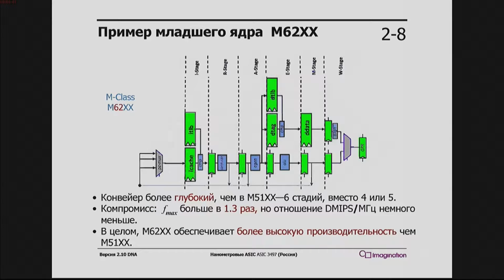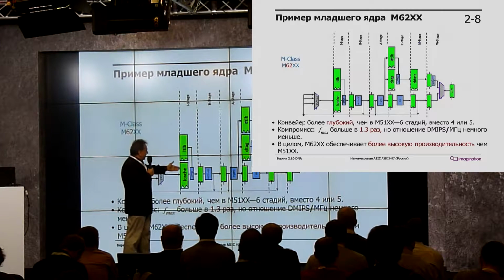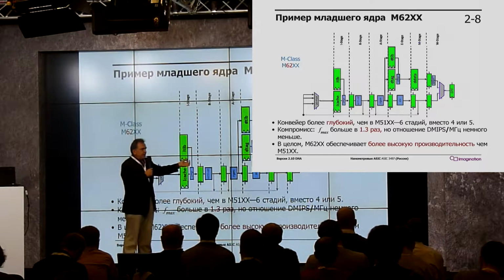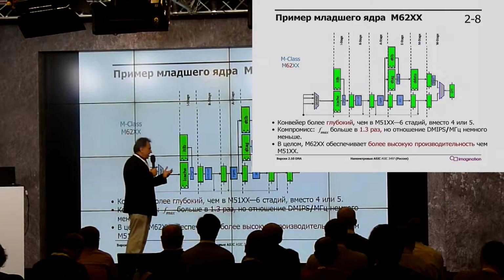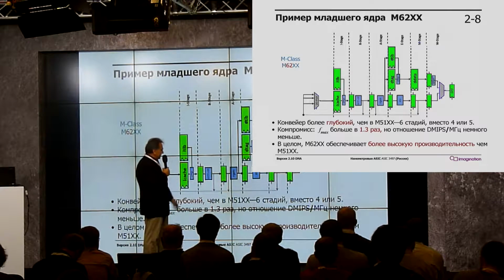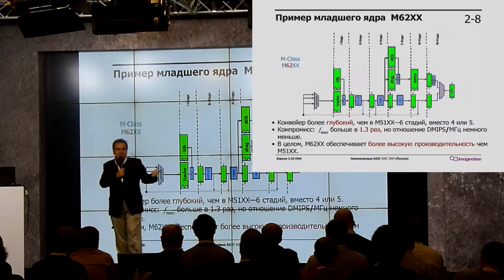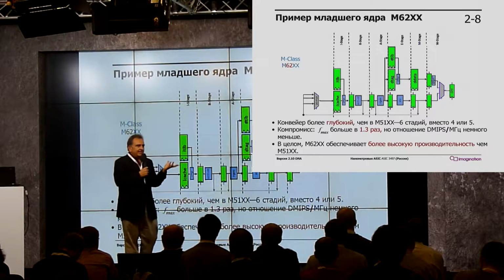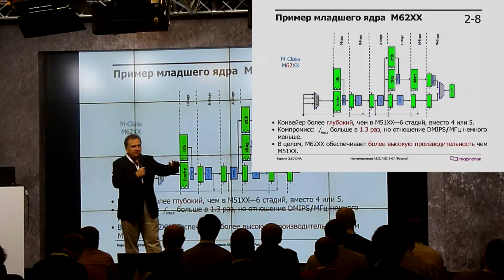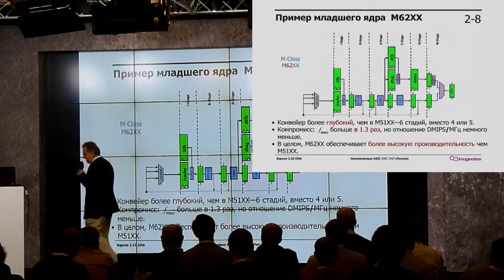And then we have a core with more conveyor stages, so it does less in one round. But with higher frequency. For instance, if your energy consumption budget is higher and you want to increase the frequency, you can use this core.